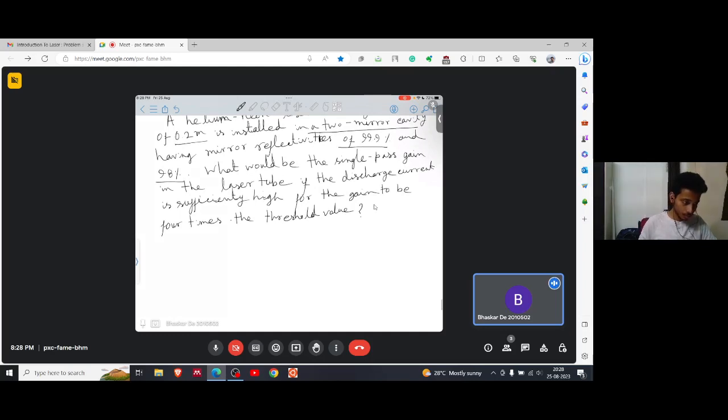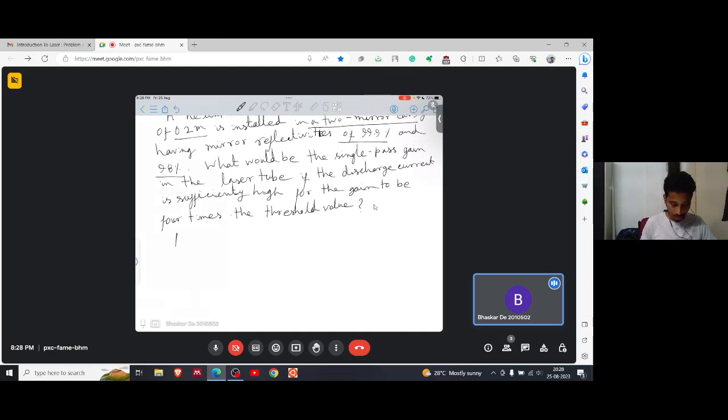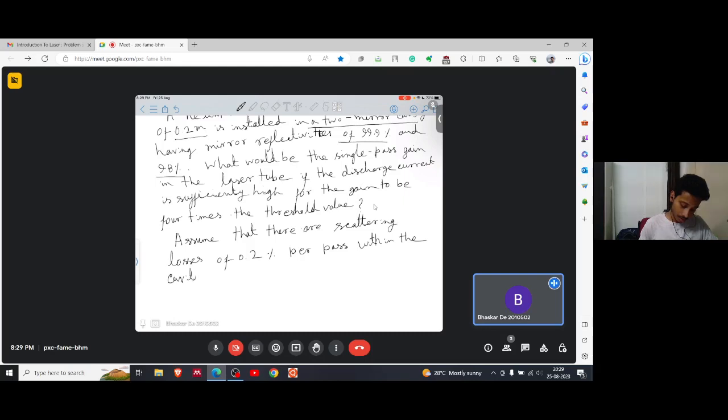There is another important statement at the end of the question, that is, assume that there are scattering losses of 0.2% per pass within the cavity.